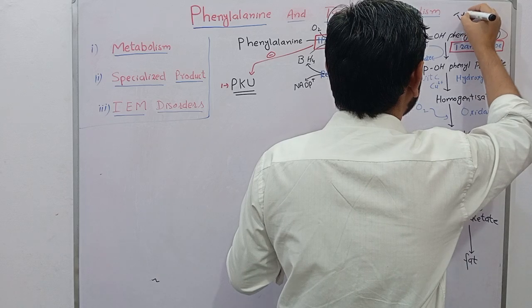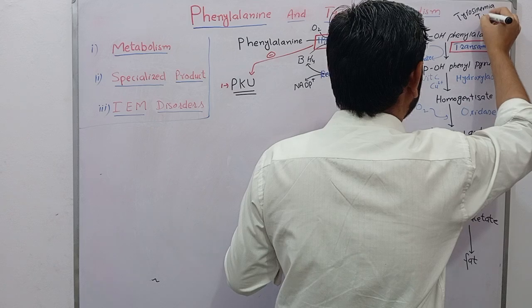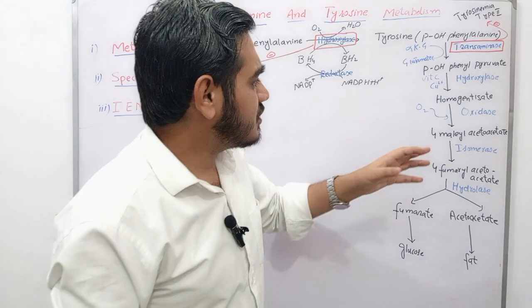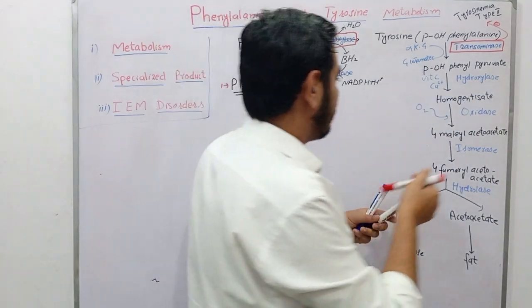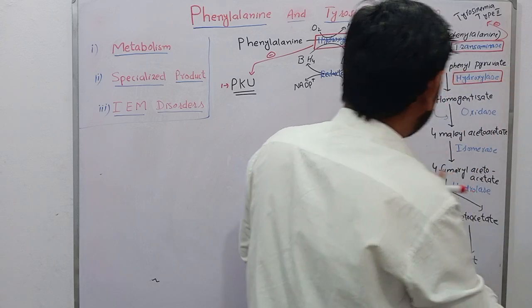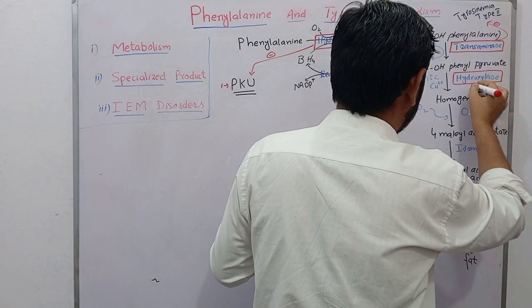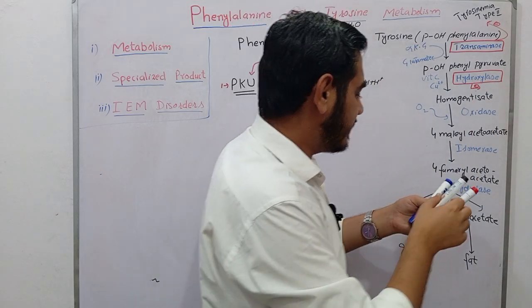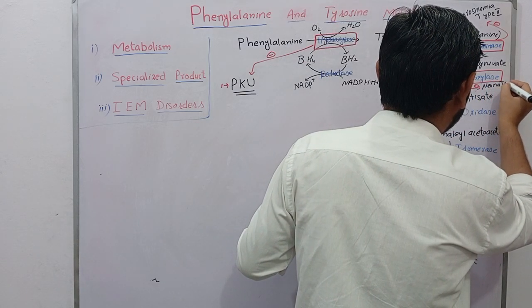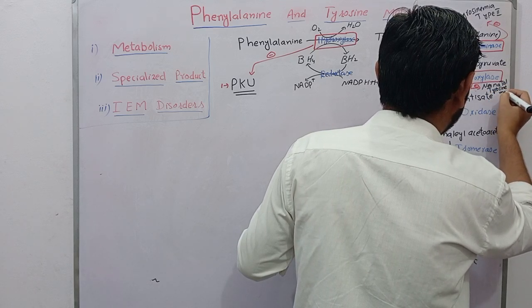Okay, tyrosinemia type 2. Now the deficiency of this hydroxylase enzyme leads to a disorder, and that is neonatal tyrosinemia.